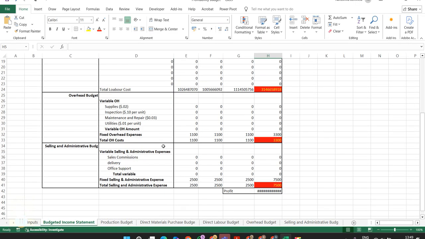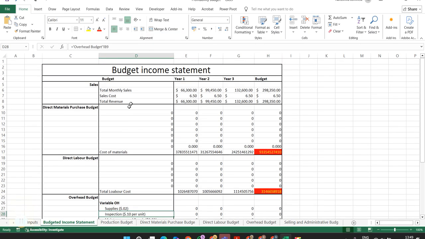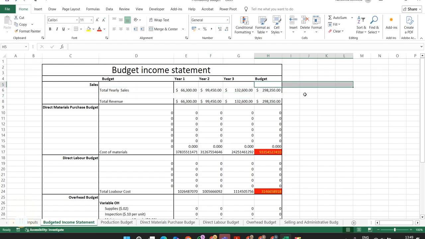Production budget. Where is this? Okay. Maybe from inputs they took it. Here total yearly sales. This should be yearly sales. So sales cost. Maybe this is the unit cost they took and total revenue. There is no change in these two values. Both are the same. So remove this one, removing this one, and the sales budget, I'm removing this one.